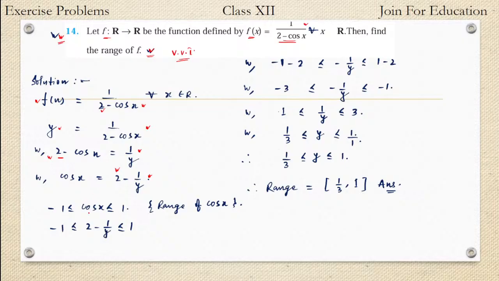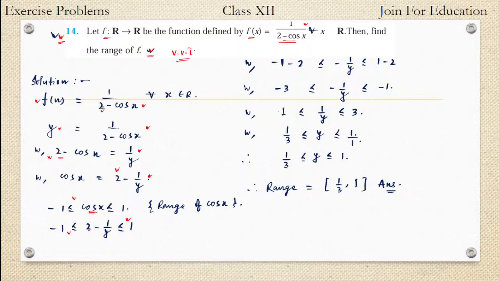And we know that the value of cos x lies between minus 1 and 1. So cos x is greater than or equal to minus 1 but less than or equal to 1. Instead of cos x, I write 2 minus 1 by y, less than or equal to 1 but greater than or equal to minus 1.